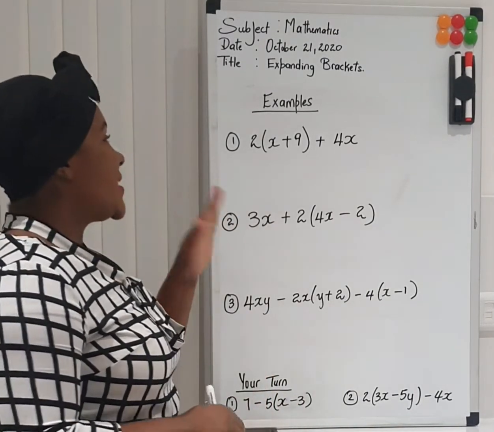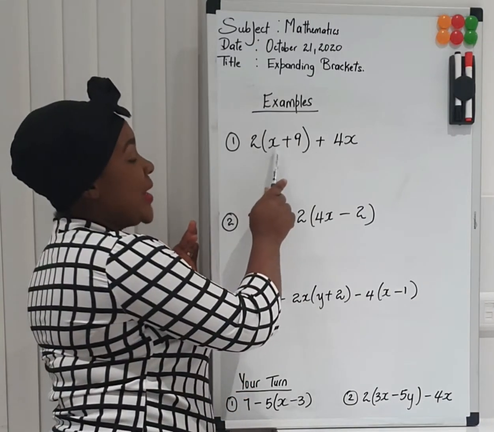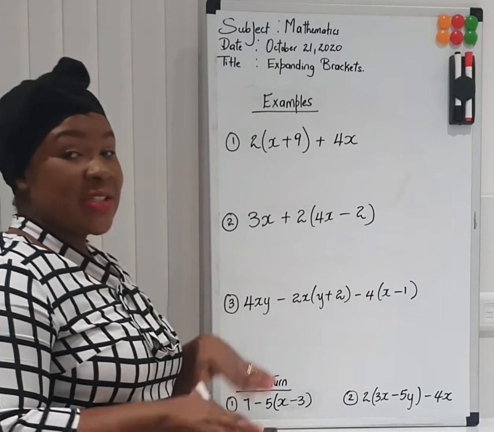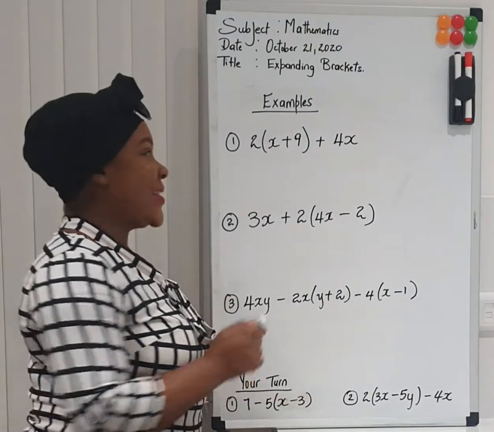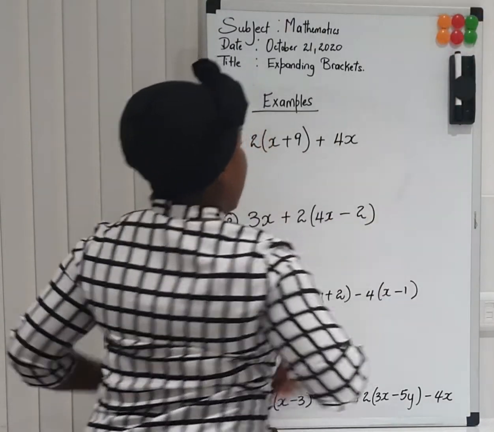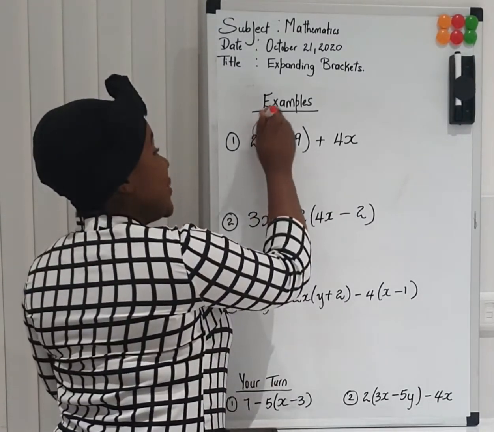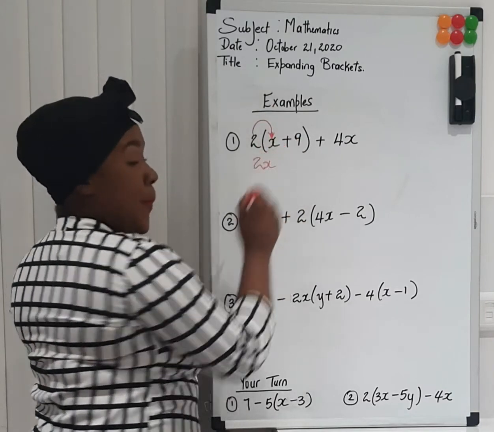Alright, so let's go with the first question. So we have 2 open bracket x plus 9 close bracket plus 4x. So we're going to expand, which means that we're going to remove the brackets. We're going to say 2 times x, which gives us 2x.